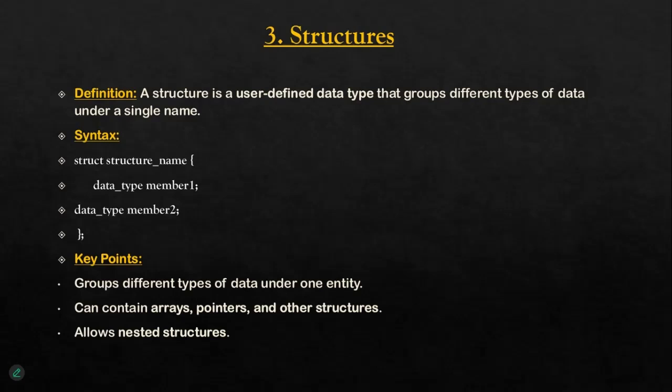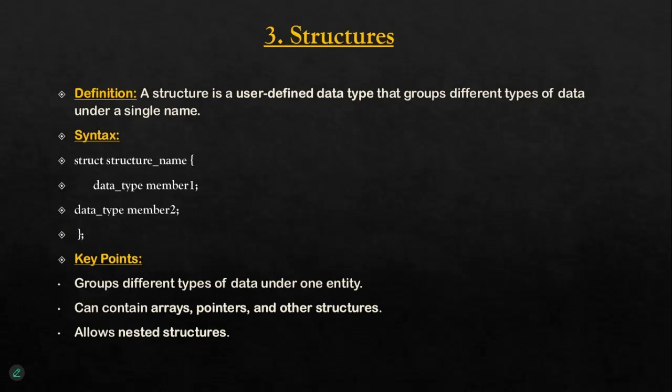Syntax: struct is the keyword for using a structure. Then the structure name, you can give any name. Then a data type for member one, then a data type for member two. So this is the group. Key points: it groups different types of data under one entity.